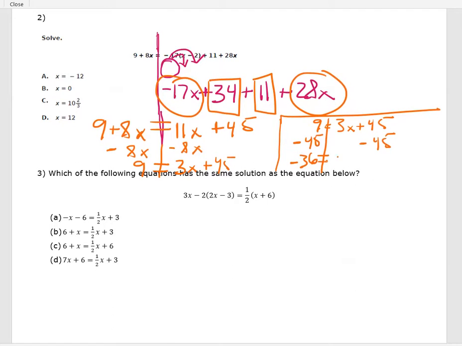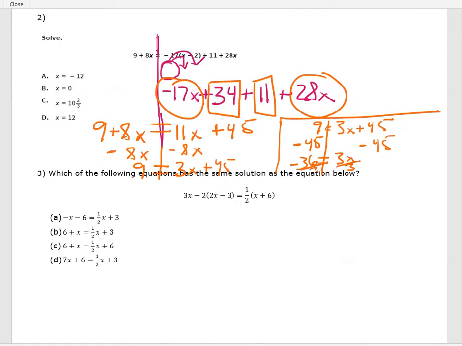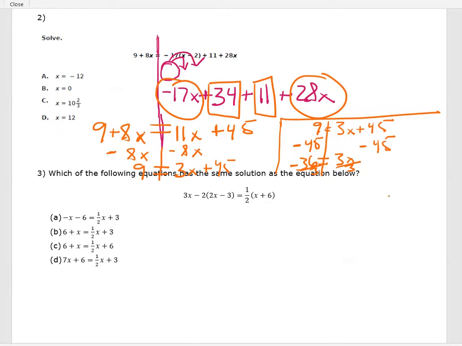Negative 36 is equal to 3x. If I divide both sides by 3, I'm left with x is equal to negative 12. So I'm thinking my answer is going to be A.